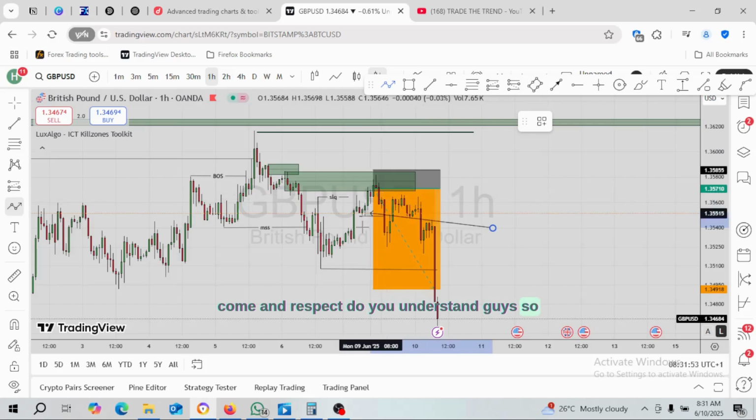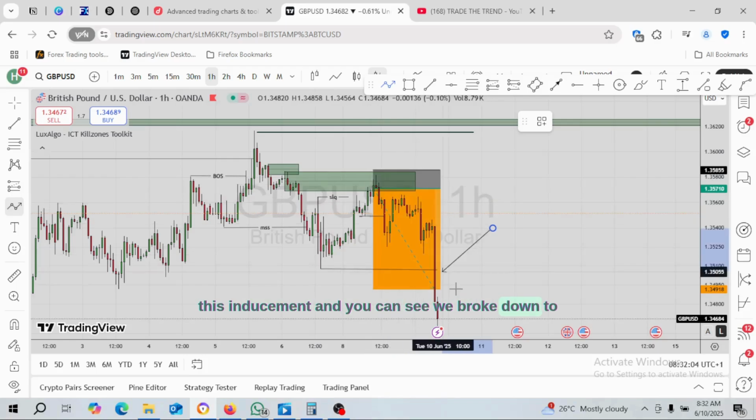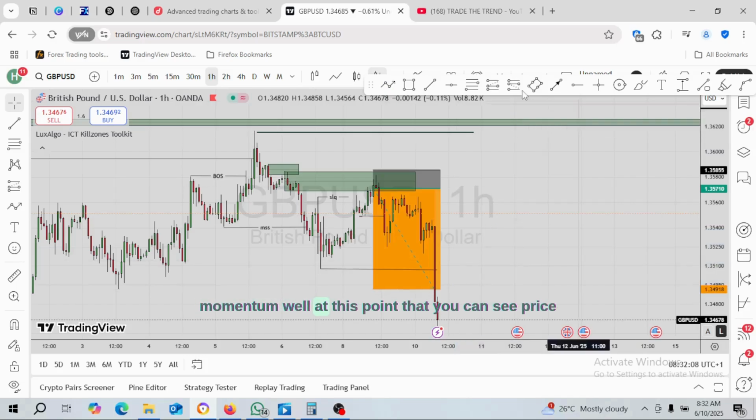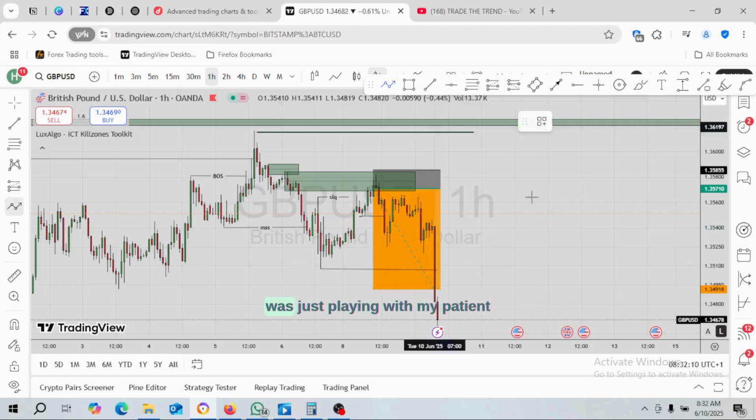Do you understand, guys? So when price came down to that zone, you see it reacted to this inducement, went up, swept liquidity above this inducement, and you can see we broke down to the downside with momentum. At this point you can see price was just playing with my patience.